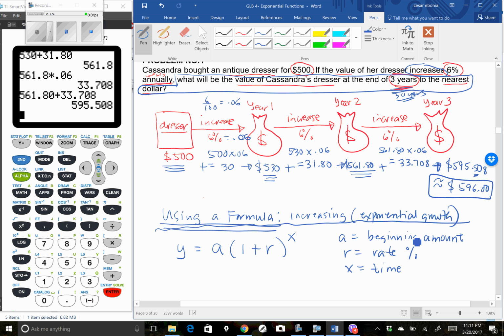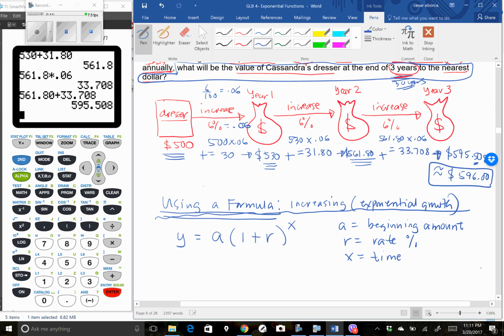Let's identify what values we have here. A is the beginning amount.